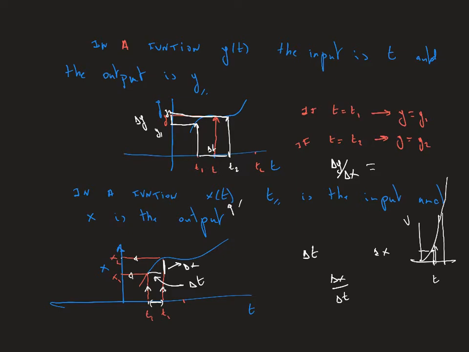Only this quantity will increase. But if you are here at this time t and you make a small step, you will get a bigger increase in delta y of the value. So delta y by delta t will depend on the point where you are, if it's not a rectilinear line.